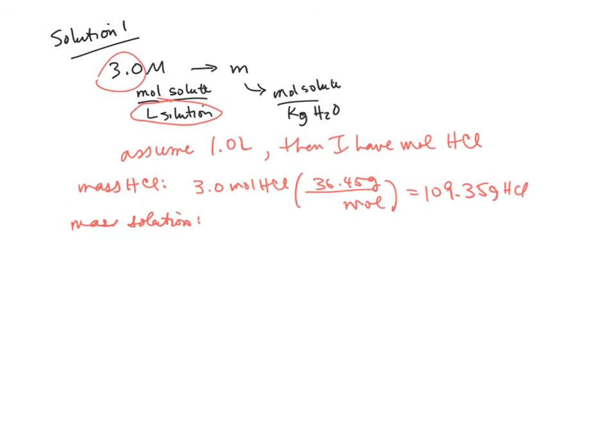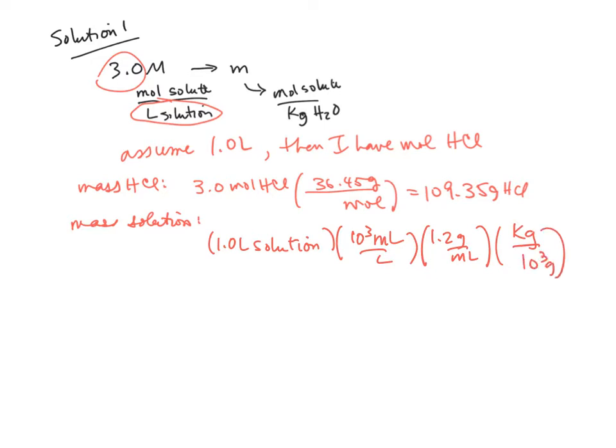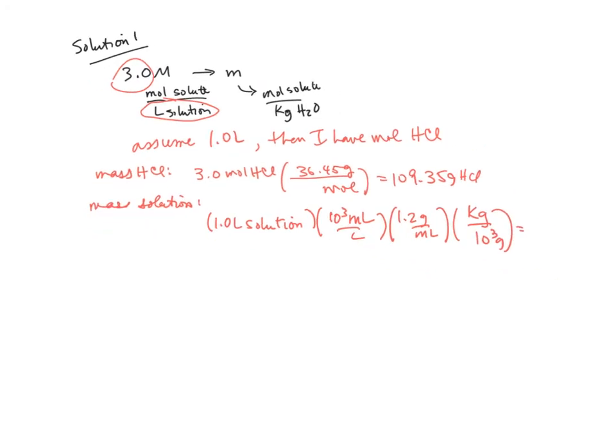You take the 1 liter of solution, which was the assumption. And here you should go 10 to the 3rd milliliters per liter. Now it's in milliliters. Use the density of the solution, which is 1.2 grams per milliliter. And then go back to kilograms, so 1 kilogram for every 10 to the 3rd grams. And then this works out as 1.2 kilograms, or you could write it as 1,200 grams.